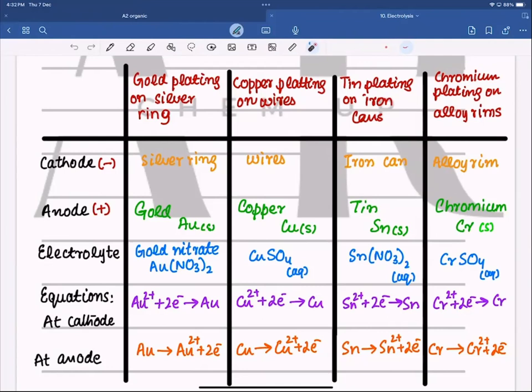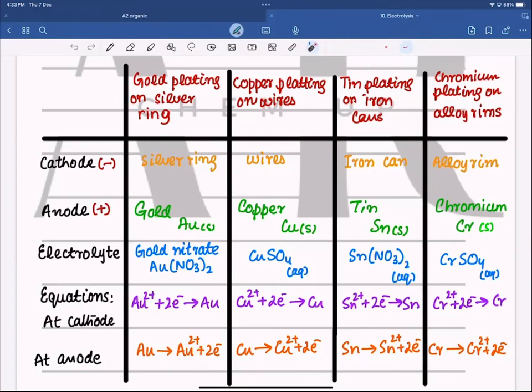And the metal which we want to be plated on that object is connected at the anode. And for the metal connected to the anode, we need an electrolyte containing the same metal ion. These three are the rules. Clear now? Yes. Okay, complete this quickly.